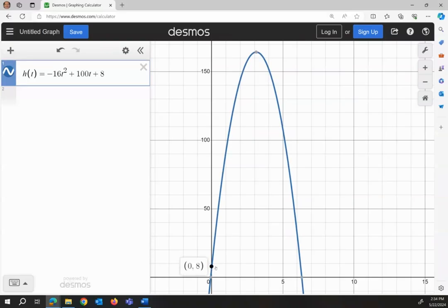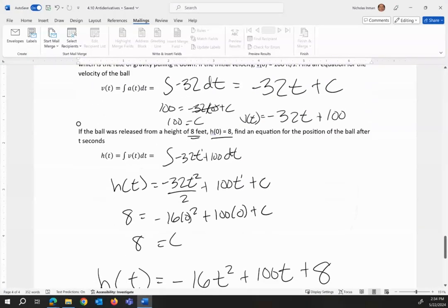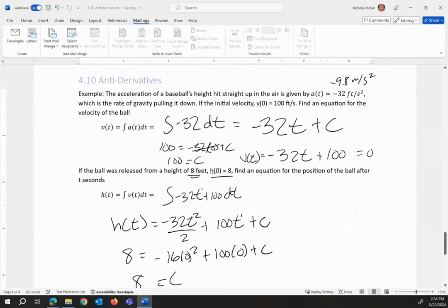So notice our initial height 8. We could find some of these important points if we wanted to. So how would we be able to find this maximum height that we reach? Well, we can click on it in decimals, that's great. Or we could take our velocity formula and set our velocity equal to 0.